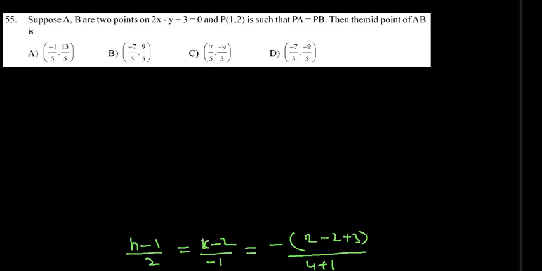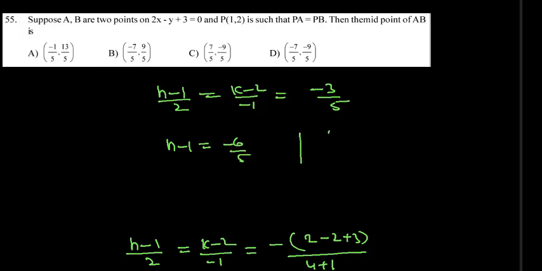What I write now here? h minus 1 by 2 equal to k minus 2 by minus 1 equal to minus 3 by 5. So h minus 1 equal to minus 6 by 5, or k minus 2 equal to 3 by 5, or h equal to minus 6 by 5 plus 1, k equal to 3 by 5 plus 2.